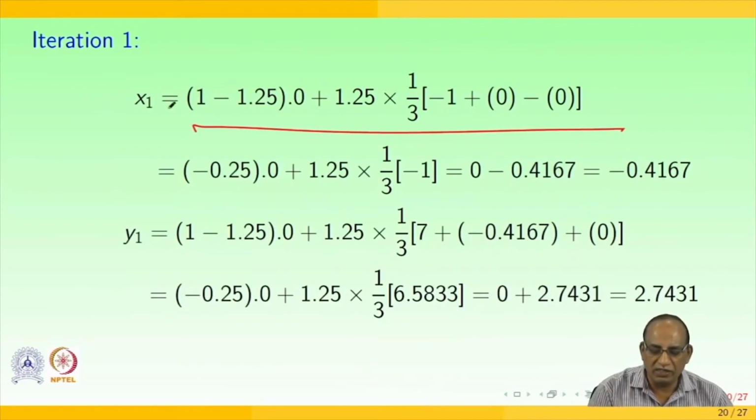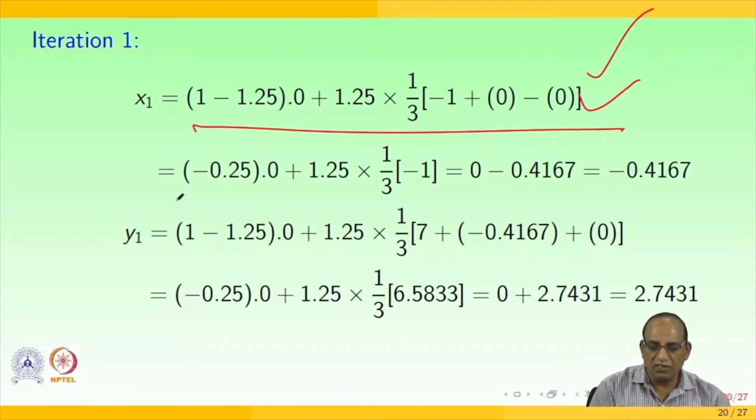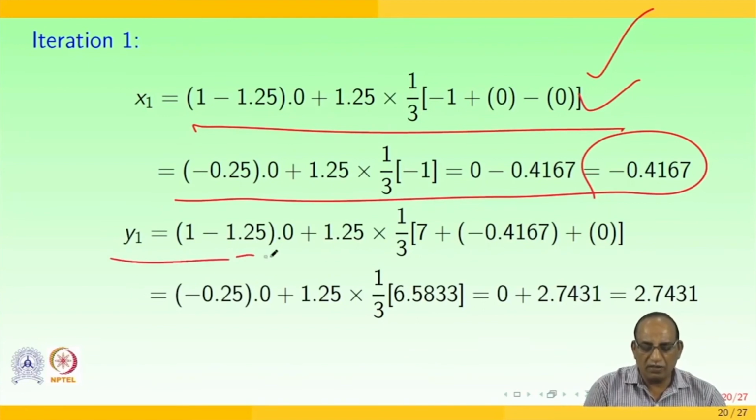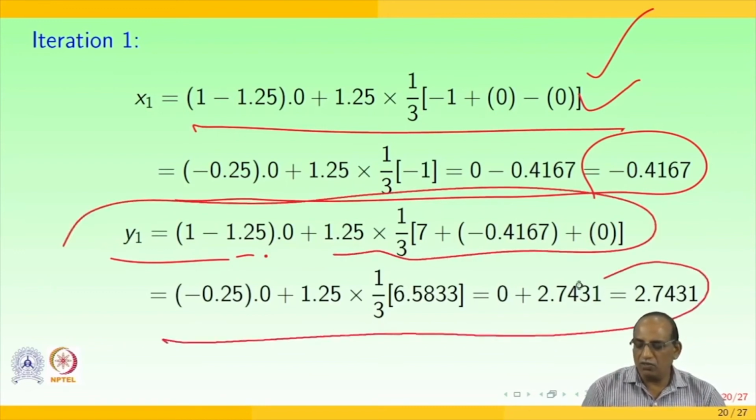So iteration 1 is x1 equal to 1 minus 1.25 into 0 plus 1.25 into 1 by 3 times minus 1 plus 0 minus 0. If you simplify this, you get minus 0.4167. Similarly y1 is 1.625, then 1 by 7 times this, and at the end you multiply.